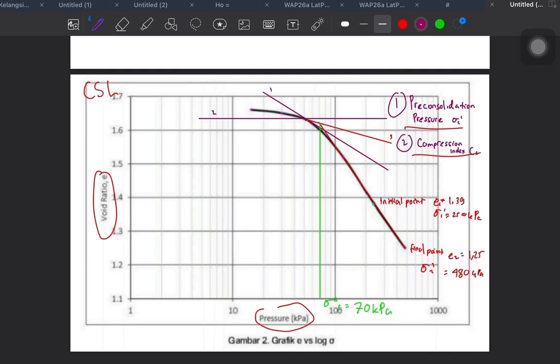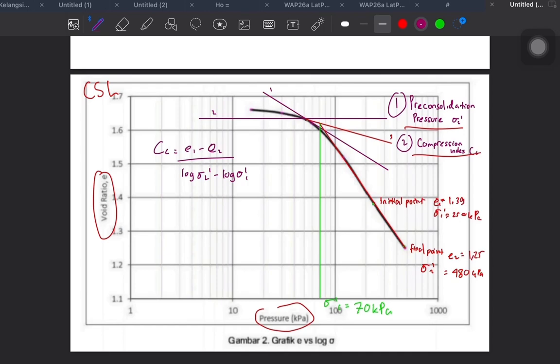Okay, next we can calculate the compression index. The formula for the compression index is the initial void ratio minus the final void ratio, divided by log of final pressure minus log of initial pressure.